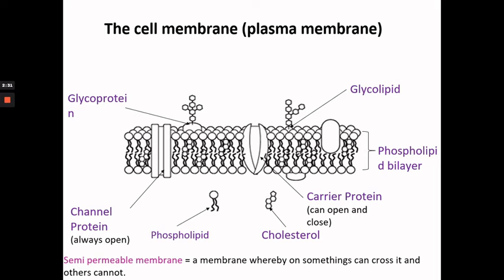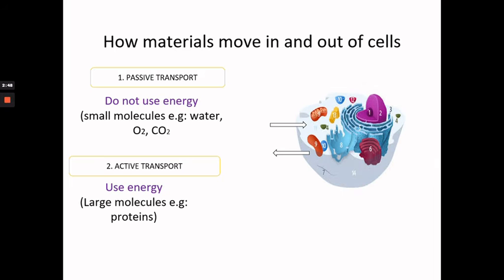They all have very important purposes for the cell. Now, the cell membrane is termed a semi-permeable membrane because it can choose which materials pass and which do not.